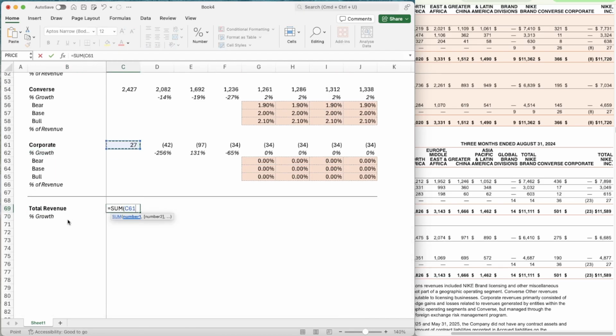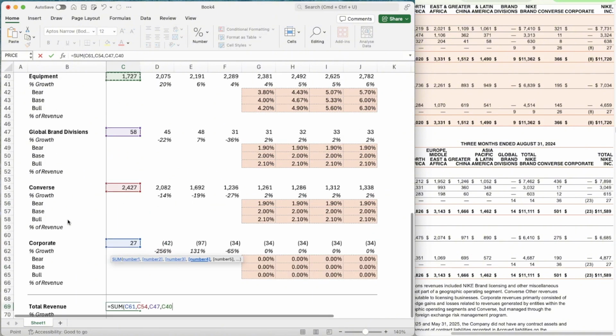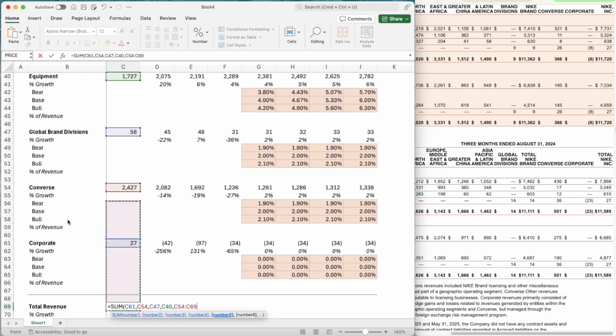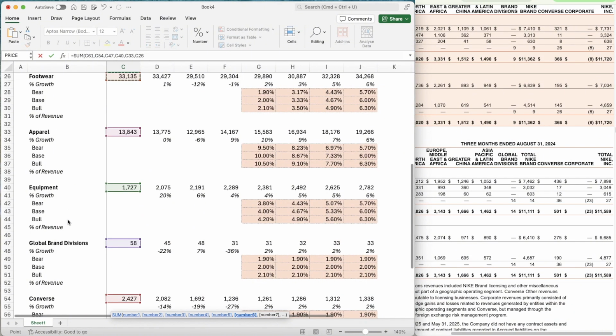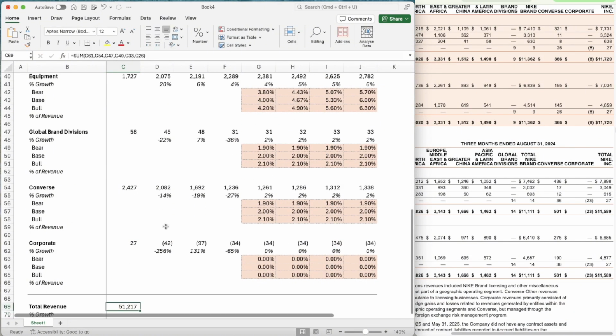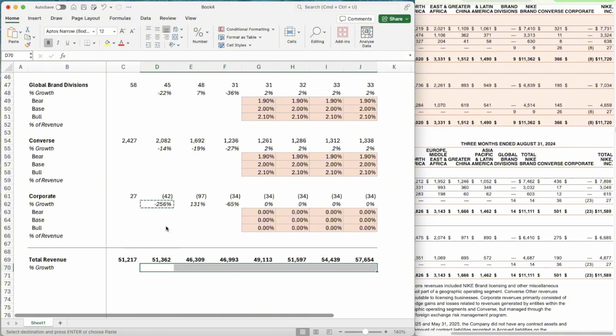We want to take this one, just each line, we just add it to the total. There we go. Copy and paste it all the way along. Then we want to know what the revenue growth is. Yeah, okay, it looks good.